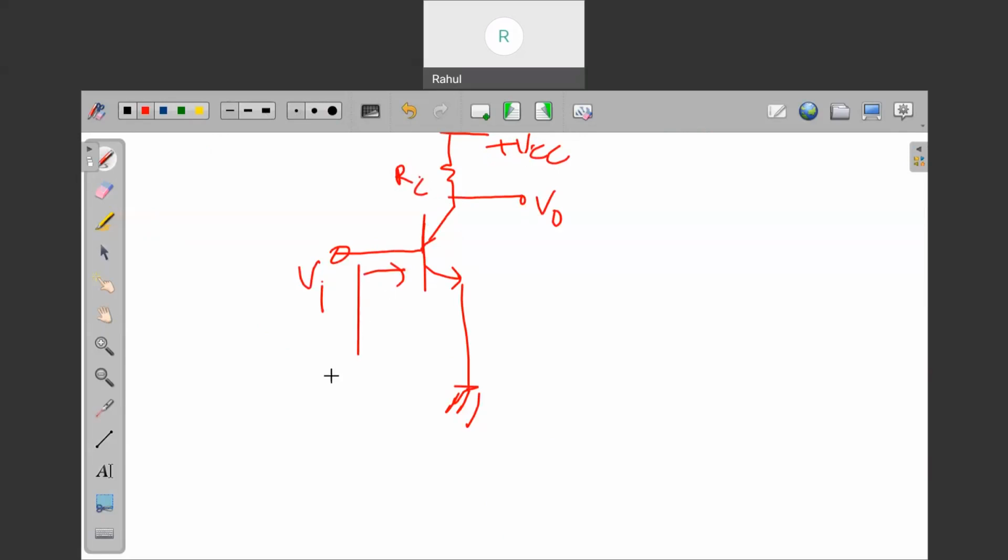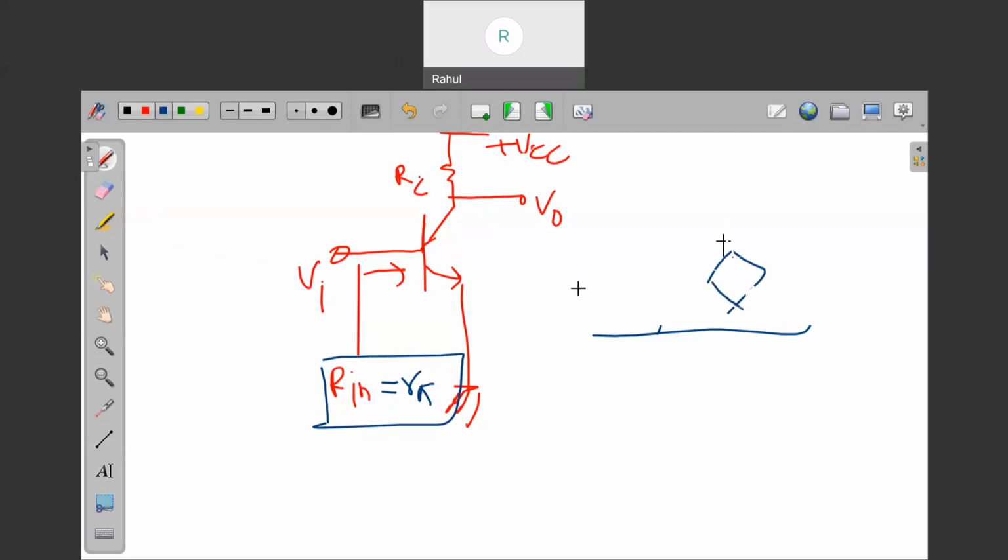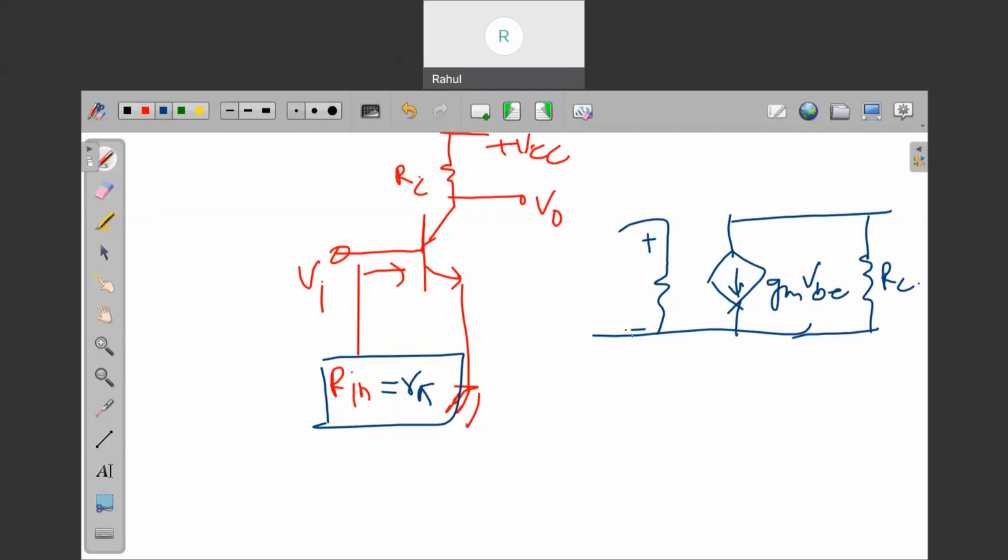In this kind of amplifier, we directly get R pi, because this will be the R pi model, with GM VBE and RC. VBE is basically directly connected, so it is VI, and this is V naught.